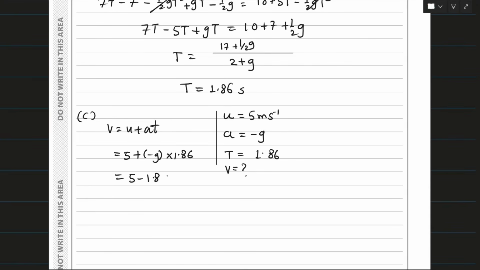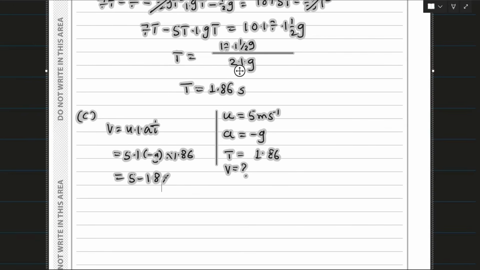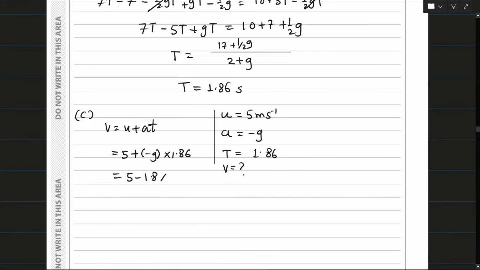So 5 minus 1.86 into 9.8, and this gives us minus 13.2 meters per second as the velocity of particle P.